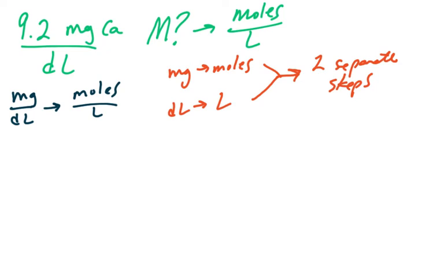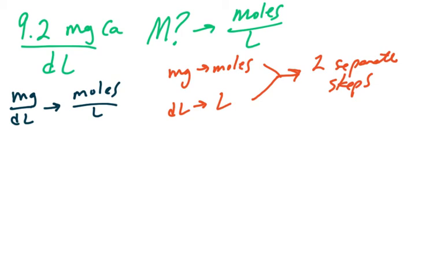Or we can keep it together like this and do one long string of conversions. It doesn't matter which way you do it, but I'm going to walk through doing it as one long string of conversions.